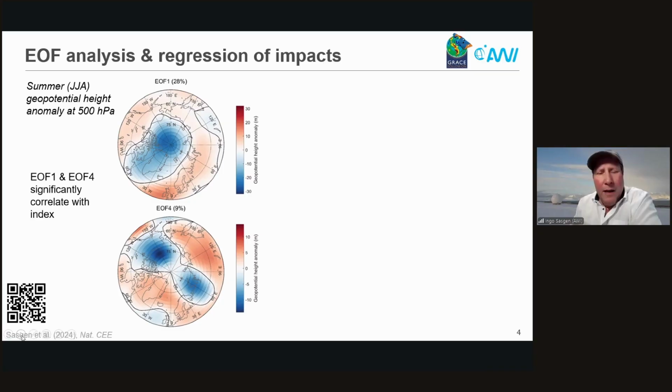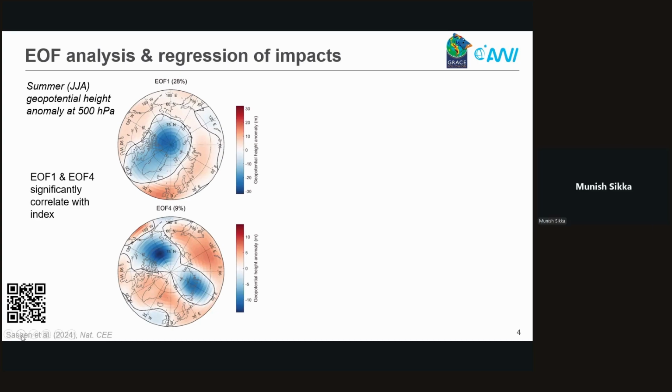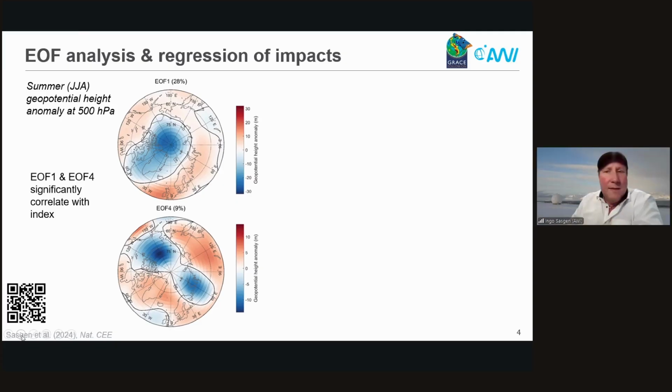EOF1 is something like a mix of an NAO type pattern plus a Greenland blocking type 1 situation. EOF4 has a higher spatial granularity, so to say, higher modes of variability, and we also found that this is essential to describe the more extreme variations represented in these indices.